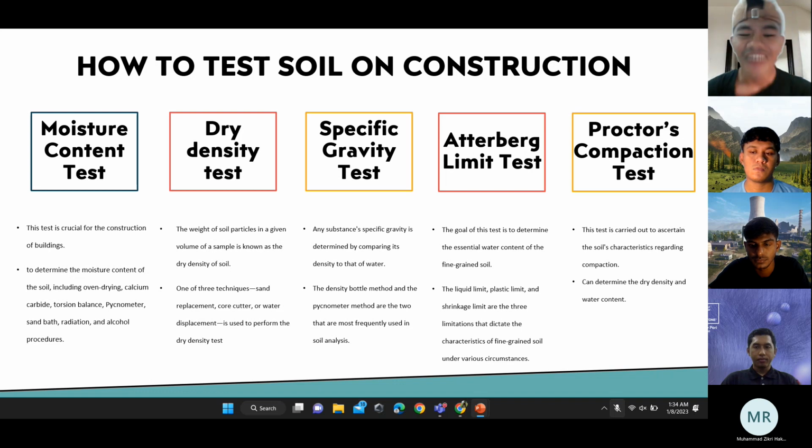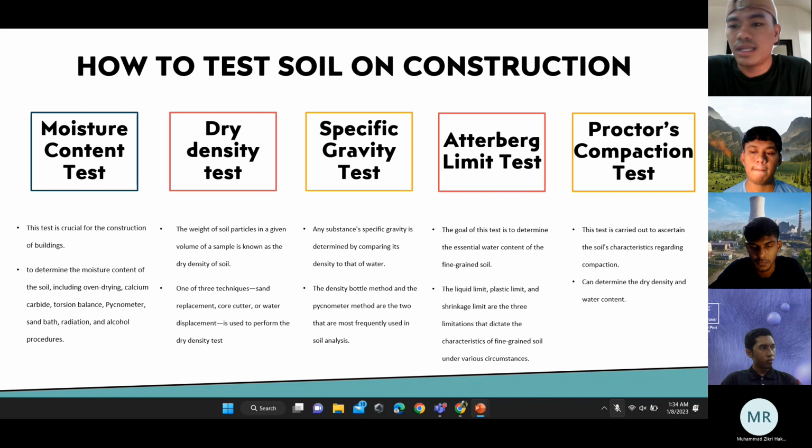Next, Atterberg limit test. The goal of this test is to determine the essential water content of the fine-grained soil. The liquid limit, plastic limit, and shrinkage limit are the 3 limits that detect the characteristics of fine-grained soil under various circumstances.